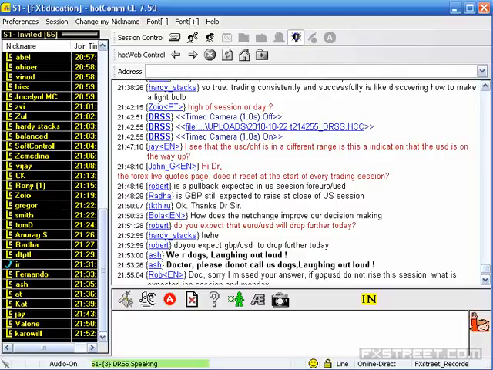I see that USD/CHF is at a different range. Is this an indication that the USD is on the way up? No, always keep in mind that no currency will be made a waste paper. Analysts might simply say that USD is losing all its strength, but the players are very, very clever. They make USD stronger against the denominator currency and weaker against the numerator currencies. Why?